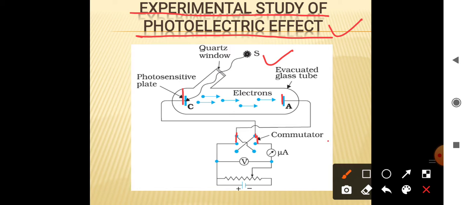But due to a commutator, these terminals can be interchanged. Initially, the C plate is connected to the negative terminal and the A plate is connected to the positive terminal.